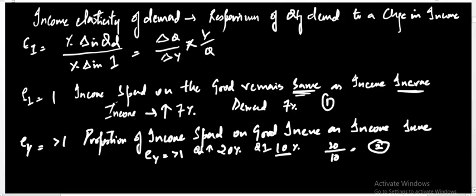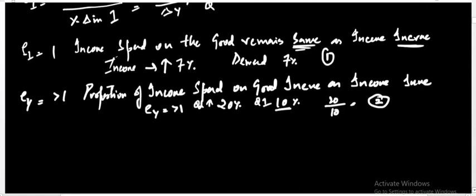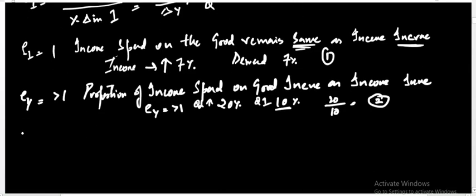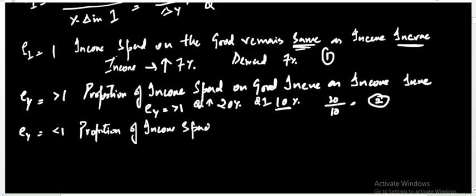Now the last scenario where the income elasticity is less than 1, where the proportion of income spent on the good decreases as income increases.